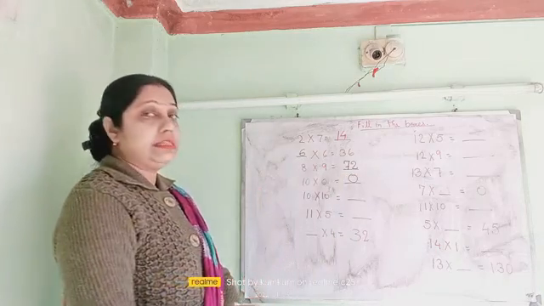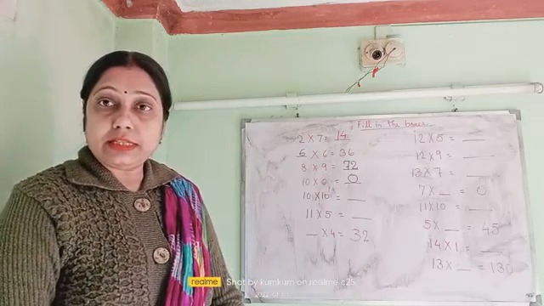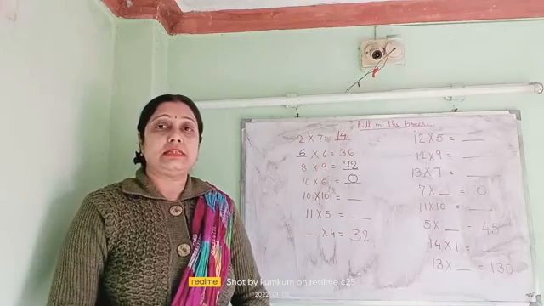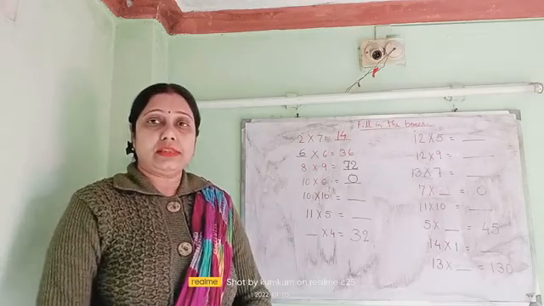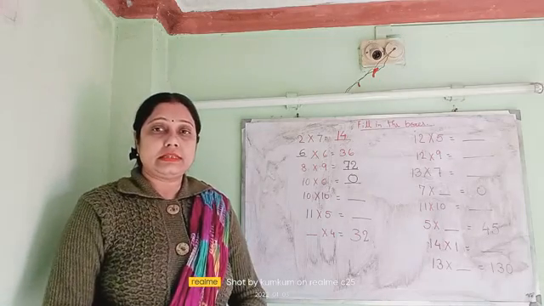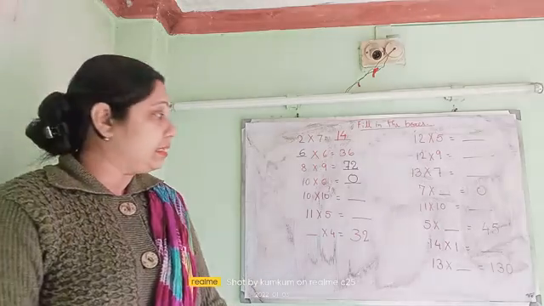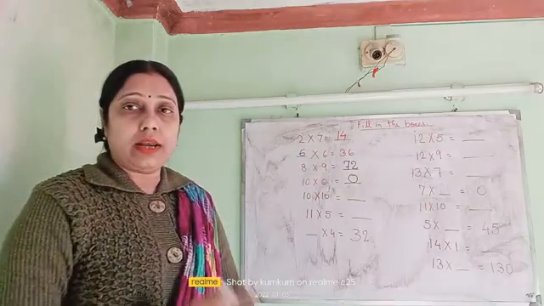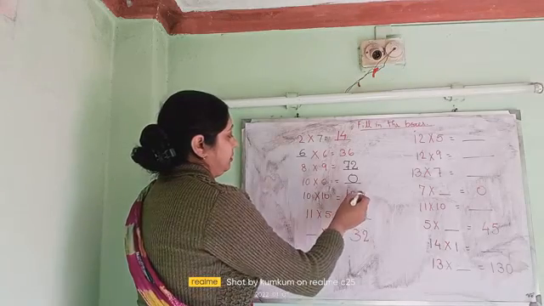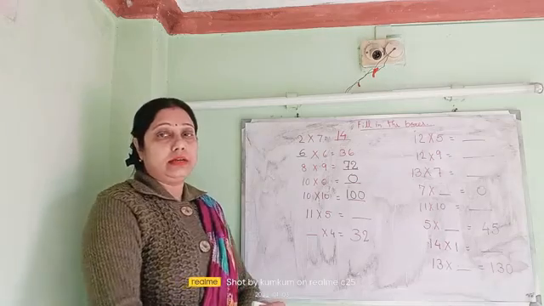Next, 10 multiplied by 10. 10 multiplied by 10 means you have to read the table of 10. 10 ones are 10, 10 twos are 20, 10 threes are 30, 10 fours are 40, 10 fives are 50, 10 sixes are 60, 10 sevens are 70, 10 eights are 80, 10 nines are 90, 10 tens are 100. So we are going to write here 100. 10 multiplied by 10 is 100.